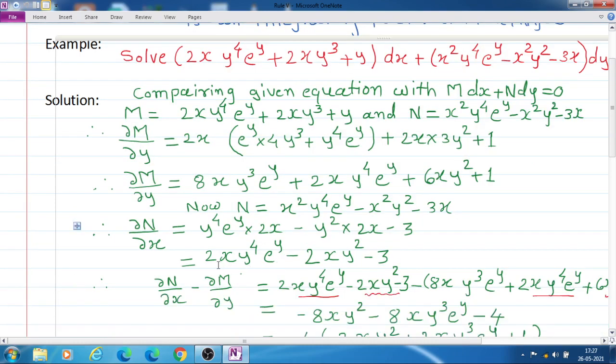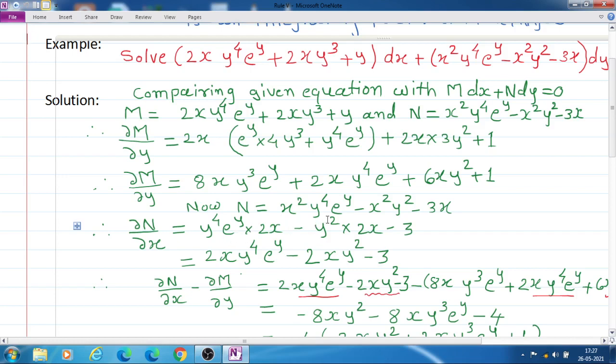Now we have to calculate ∂N/∂x. So N is x^2 y^4 e^y minus x^2 y^2 minus 3x. So ∂N/∂x is taking the derivative of N partially with respect to x, keeping y as a constant. So in this first term, y^4 is constant and e^y is also constant.